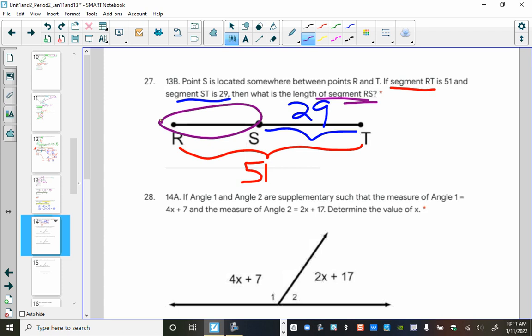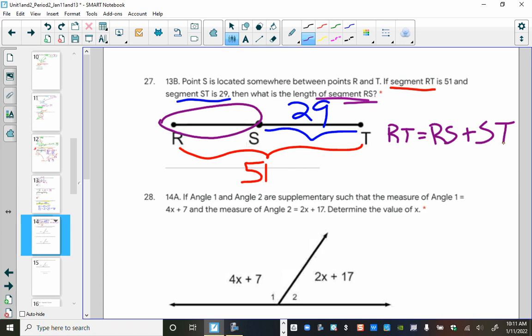Now, we can always do this. Remember, we always said RT, the entire distance, is RS plus ST. We agree to that, right? The entire distance is the sum of the two smaller parts. We agree? Think about it like driving anywhere.